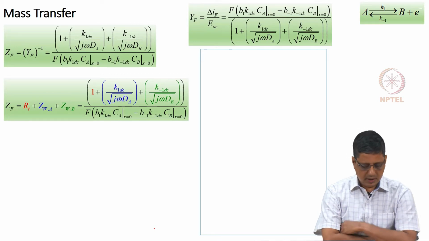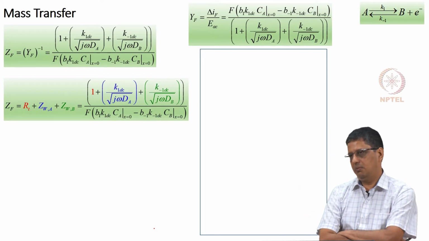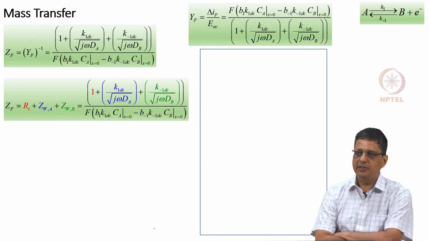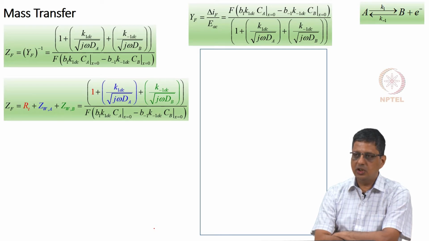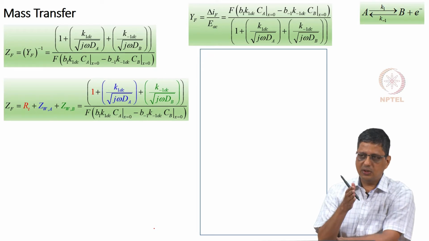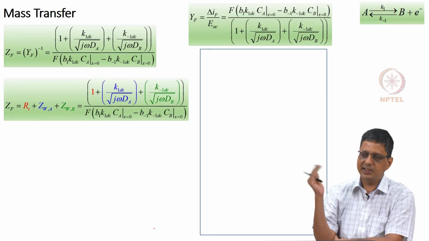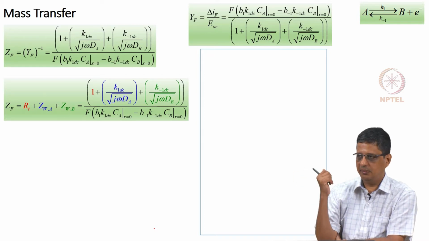I want you to notice the following: when you have semi infinite approximation, you cannot say that you have steady state with a DC bias. Moment you apply a DC bias, EDC is not 0, it will never reach steady state, because concentration at x equal to 0 you have to find it, and concentration at x equal to infinity is bulk.